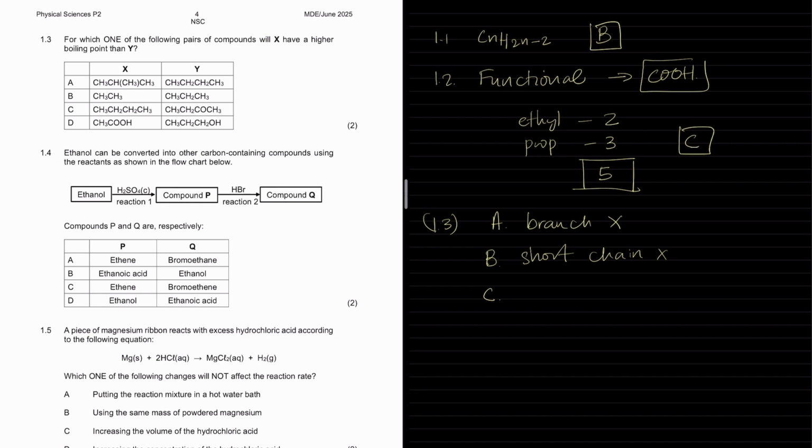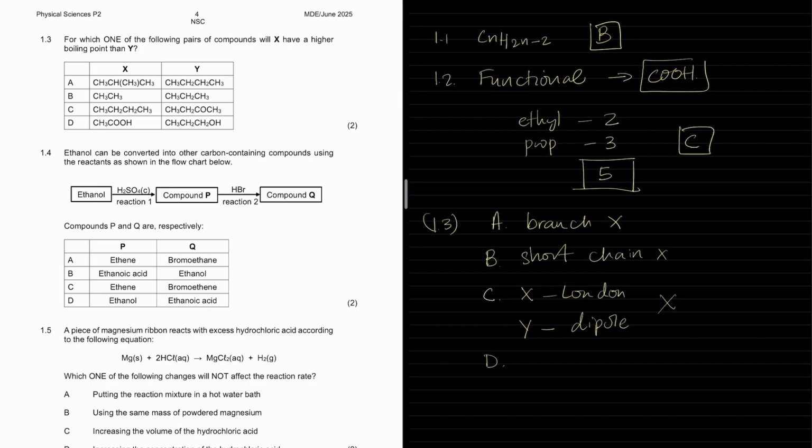Y is CH3CH2COCH3. So they are different homologous series, and so they're going to have different intermolecular forces. X is an alkane, so it's going to have London forces, or van der Waals forces. Y, because of that oxygen, is going to have dipole forces. And we know that dipole is stronger than London, so Y is still going to have a higher boiling point. So C is out as well.